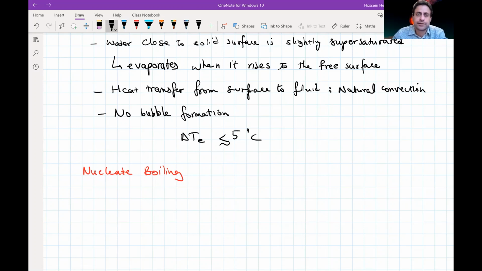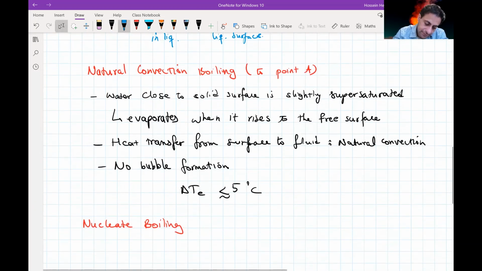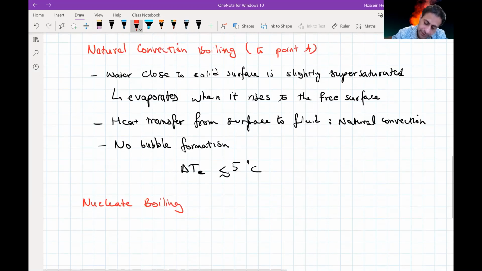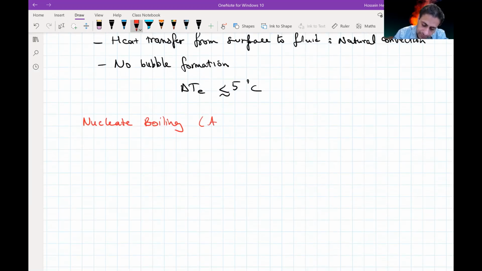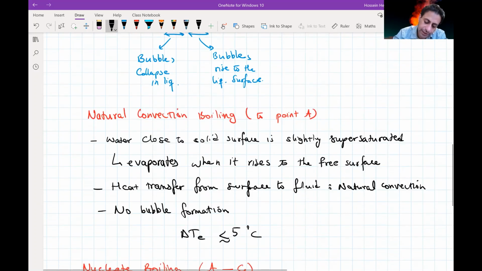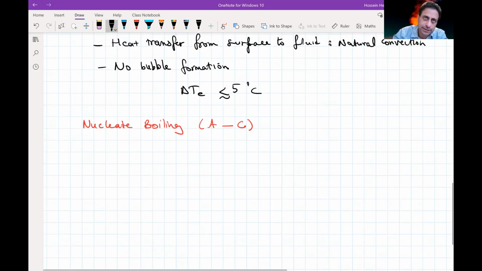Then the other one is nucleate boiling. That nucleate boiling in the graph is from point A to C. So from point A to C in the graph. When we reach a temperature of 5 degrees for water, at this point A where we are passing the natural convection, first bubbles are appearing at point A. So I'm going to just write it down.